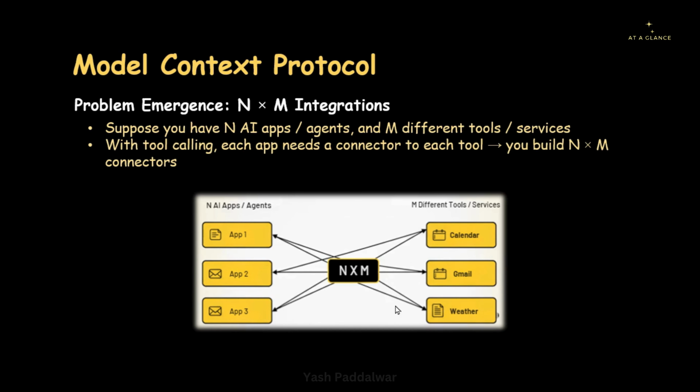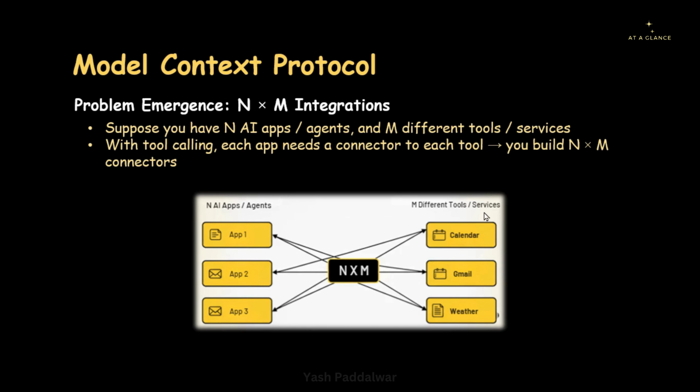But have you noticed that in app 1 we require calendar, and in app 2 we also required calendar? It is common, but still we had to write it two times, once in app 1 and once in app 2. We had to define the function calls two different times. So even if you want to use a single tool in three applications, you have to hard code it inside the client's tools list.